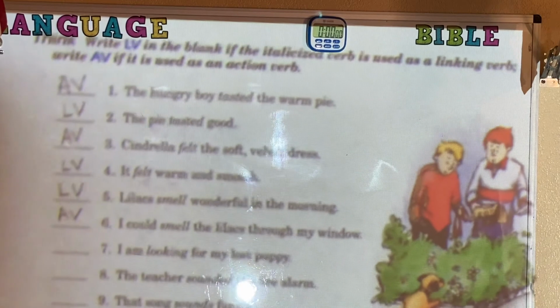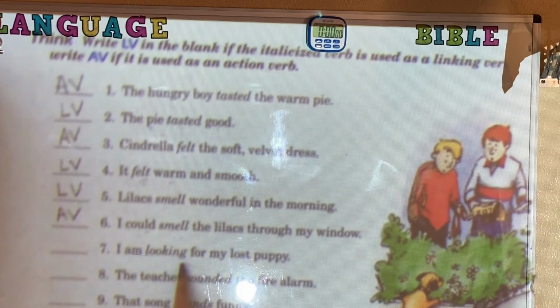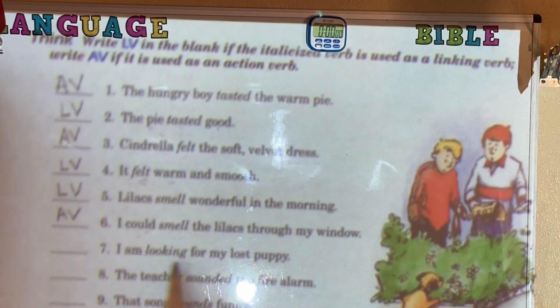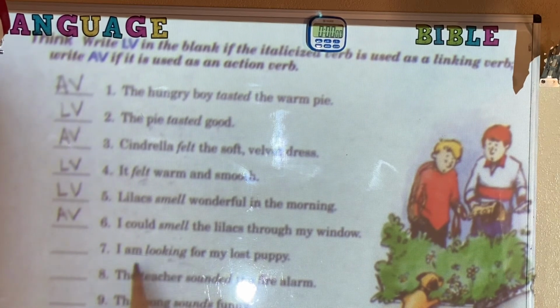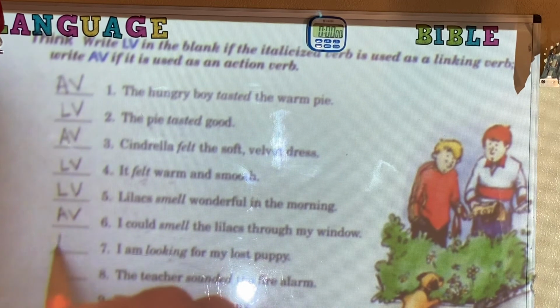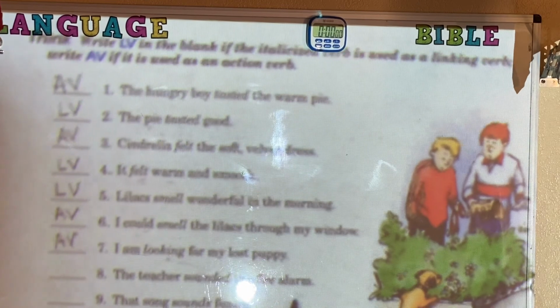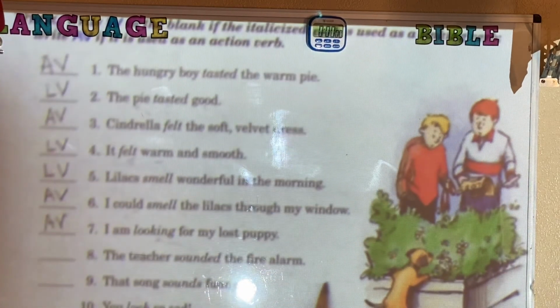Number 7, I am looking for my lost puppy. So it doesn't describe how I'm looking or anything like that. So it's just an action. So that would be an action verb. Number 8, the teacher sounded the fire alarm.